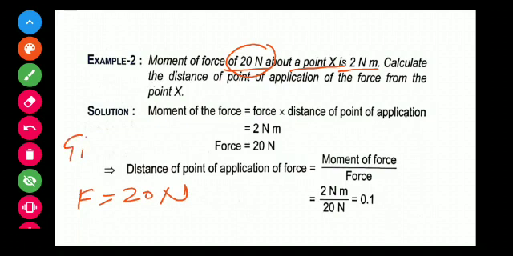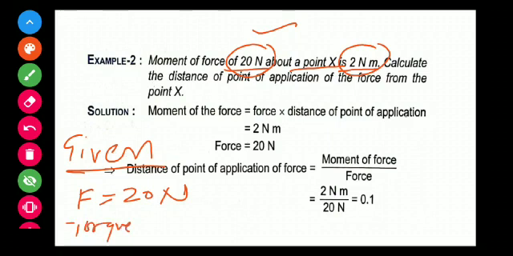This is your given quantity. So first of all, what are the given quantities? Number one, force is given, that is 20 Newton. 2 Newton meter is the unit of torque. It means torque is given. Your torque is equal to 2 Newton meter.